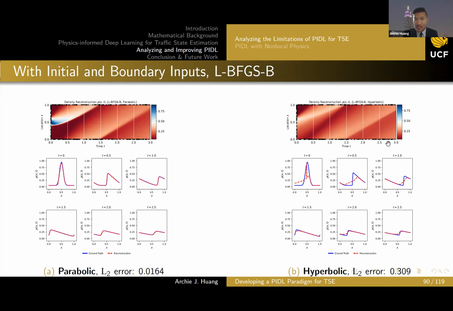If we look at the snapshots at t equal to 0 and t equal to 0.5, especially when x equal to 0.5, that's where the reconstruction is really different from the ground truth. In this case, PIDL is not able to capture the shocks or the patterns in this data set.